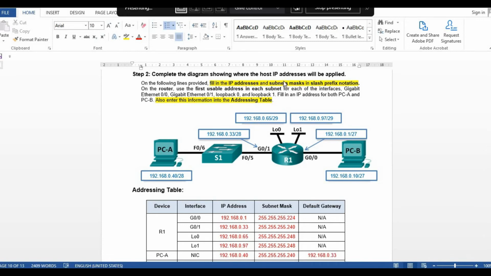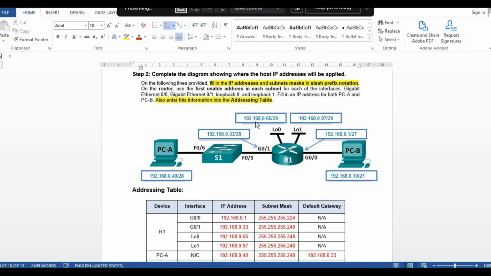Okay, next, step 2, complete the diagram. Show the host IP addresses that will be applied, so the PCA, PCB, switch, and router. For the IP address of PCA, 192.168.0.40/28, and for PCB, 192.168.0.10/27, and for the IP address of G0/1, 192.168.0.33/28.